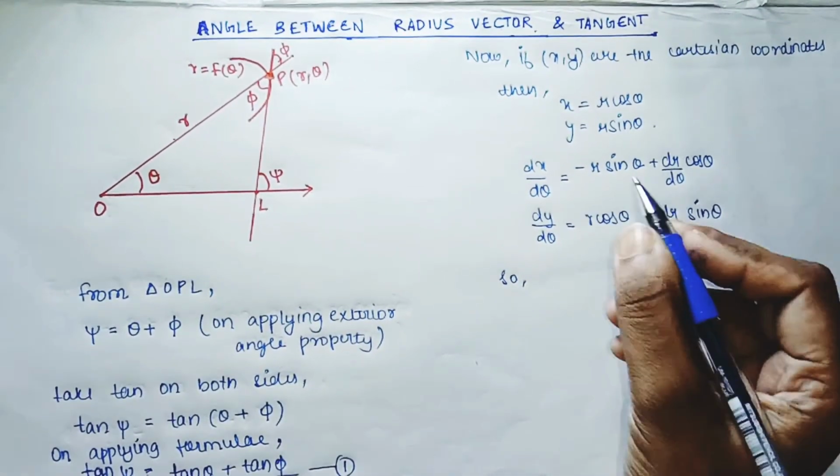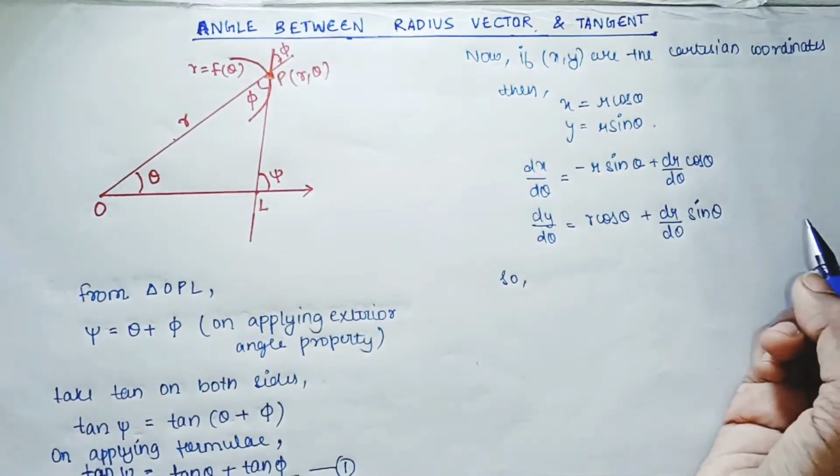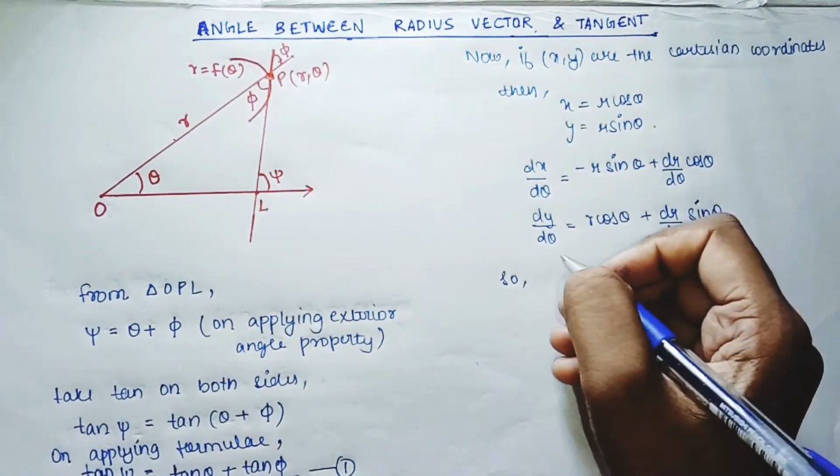Now we need to divide the two expressions of differentiation in order to get dy by dx.